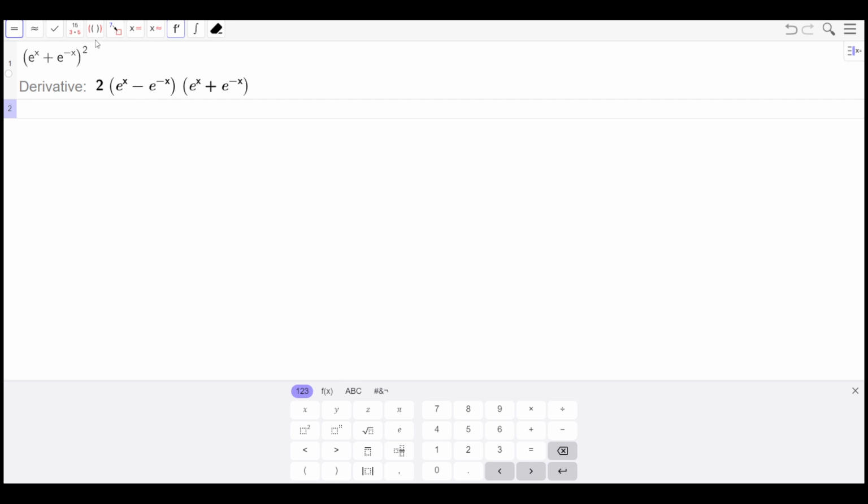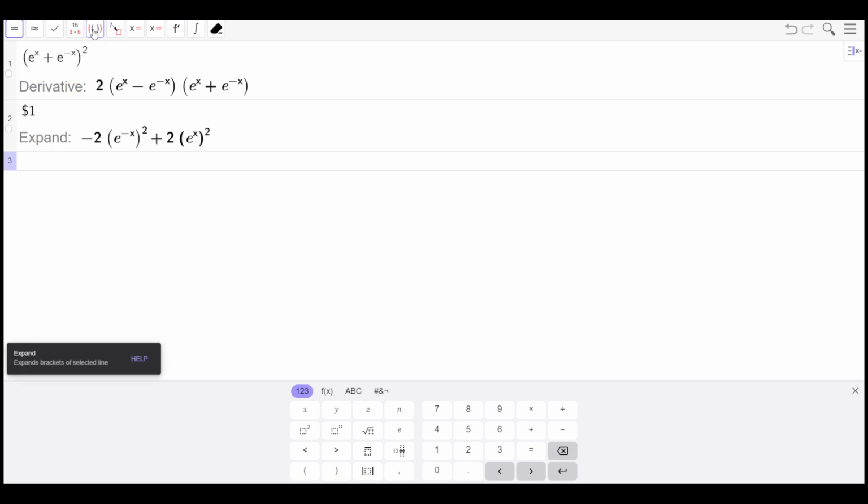Let me see if it works. Yes, that was my answer mainly: minus 2e to the power of minus 2x plus 2e to the power of x. The problem is that it doesn't exactly give the human way of writing, but the good news is that it doesn't give you something wrong.